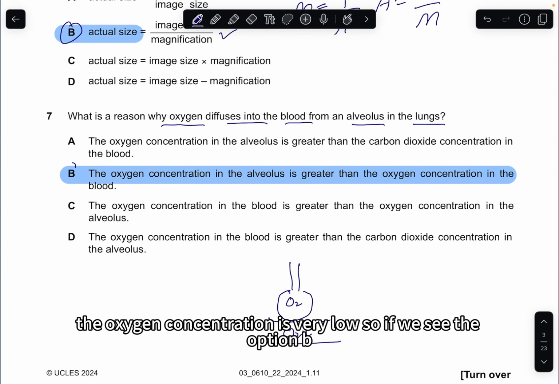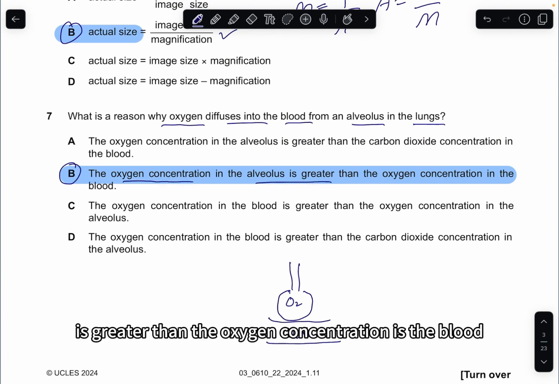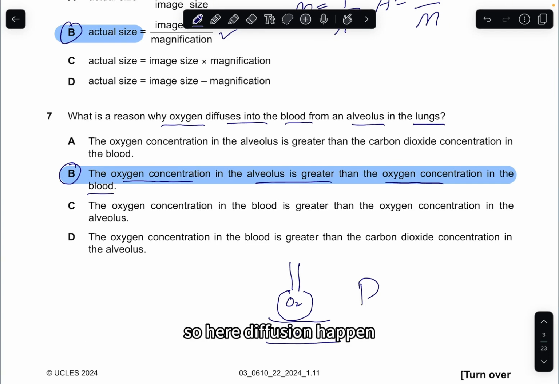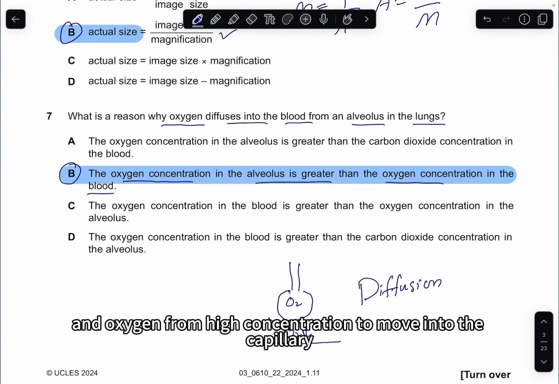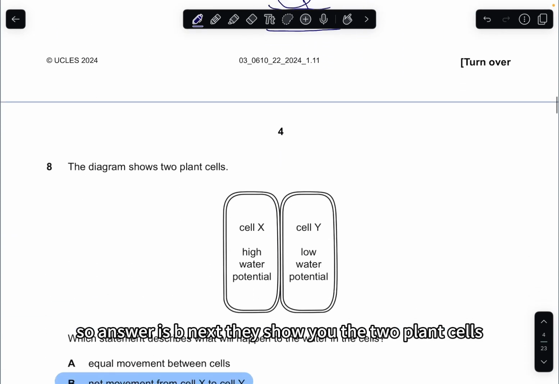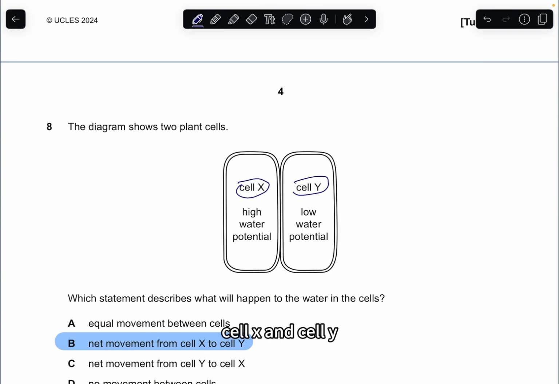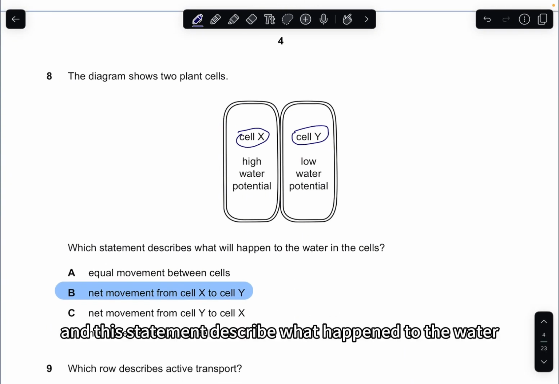So if we see option B, the oxygen concentration in the alveolus is greater than the oxygen concentration in the blood. So here diffusion happens and oxygen moves from high concentration into the capillary where the concentration is low. So the answer is B.